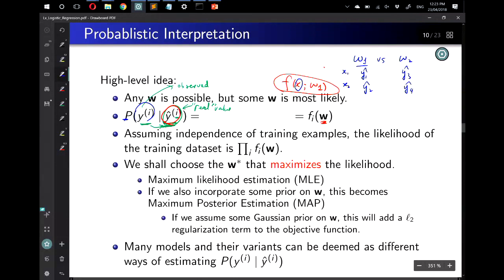So it's possible that the real values you actually observed here are Y1 and Y2, right? So it's possible that this one is small, while this one is large, while this one is small. So you get the idea. It's as if this function family only has two members.